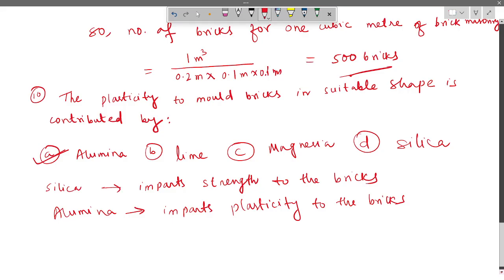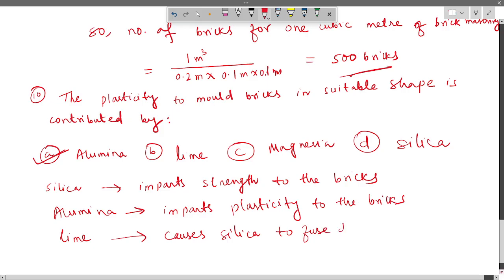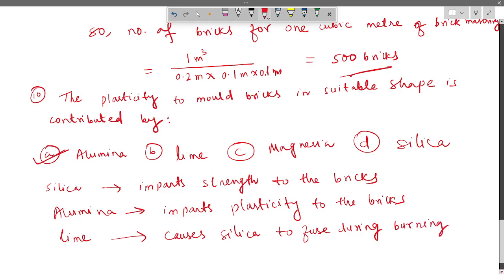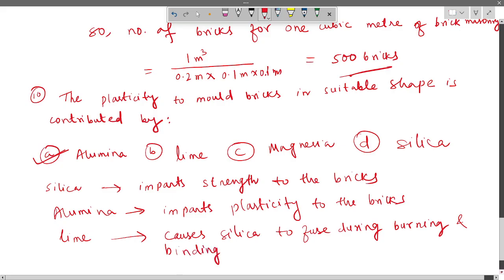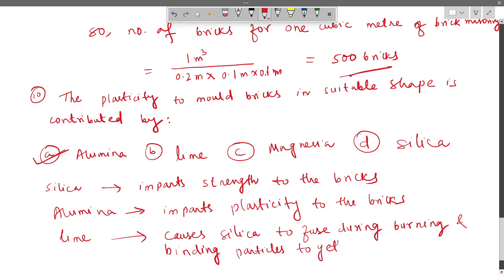So right here we will write: lime causes silica to fuse during burning and binding particles together.